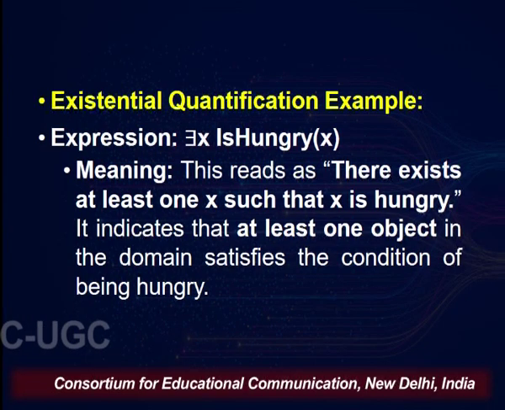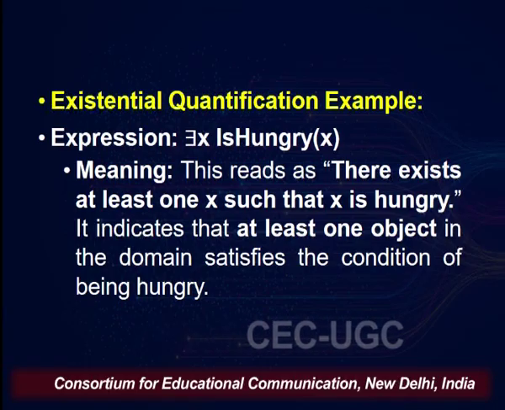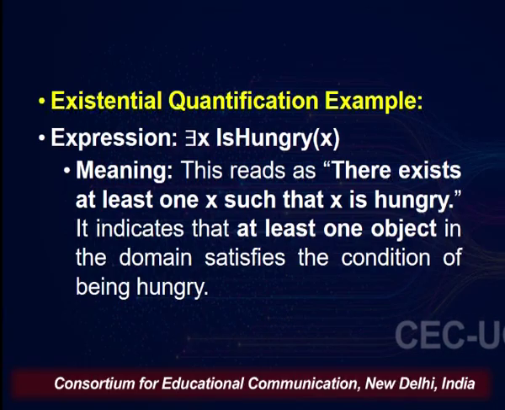Then we also have the existential quantifier, there exists x, hungry(x), and we have also seen the meaning. It indicates that at least one object in the domain satisfies the condition of being hungry. Where it is actually going to be used in AI, maybe in robot planning. A robot could use existential quantifiers to plan actions.